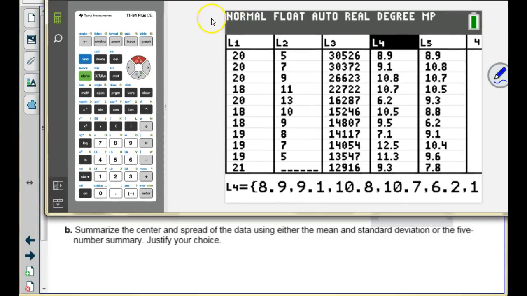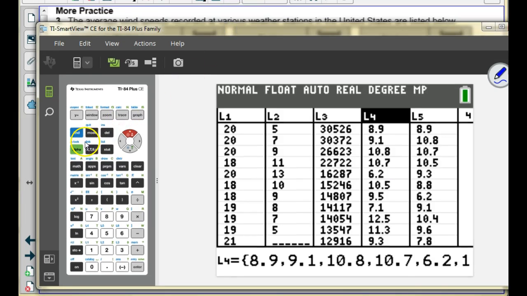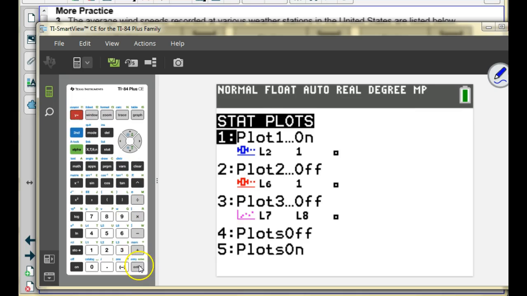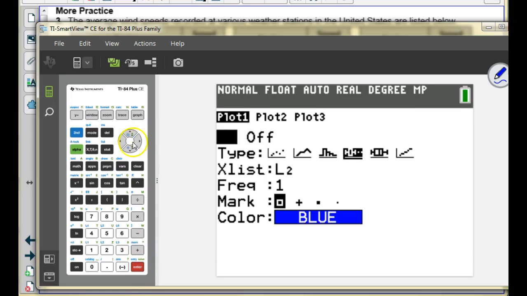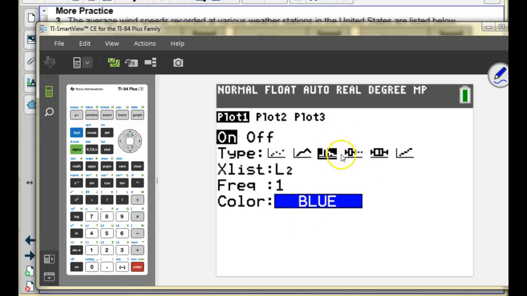Does anybody remember what we do to turn on the histogram? Second y equals, which one is it? Yes, it's this line bar graph thing here, okay? And where is my data, guys? List 4? Okay.